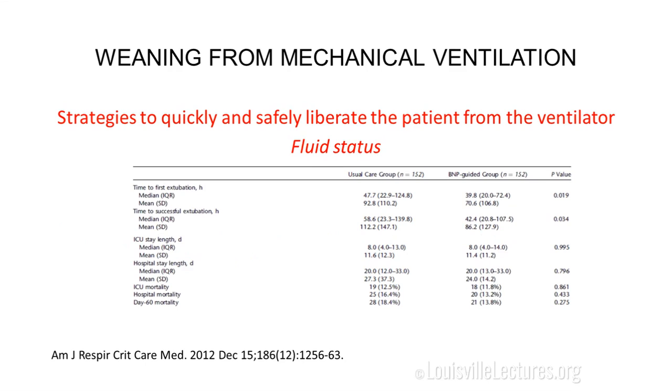And they found a decreased time to first extubation in patients who got diuretics based on the brain natriuretic peptide, and the median was 39.8 versus 47.7. This was statistically significant. So they were able to get the patients off the ventilator by keeping the fluid status more on the dry side.